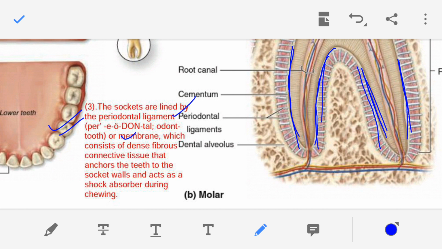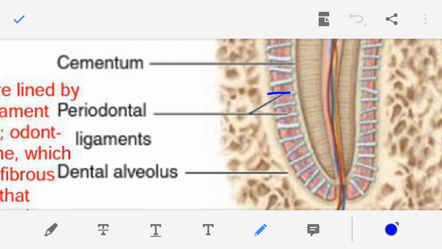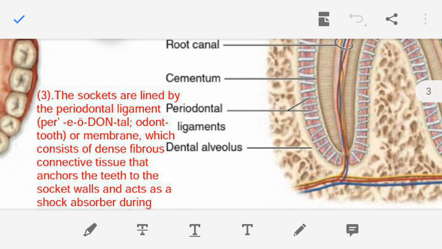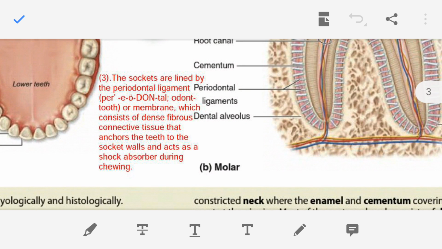For example, here as you can see, the name is written and you follow this arrow. So this is the periodontal ligament.